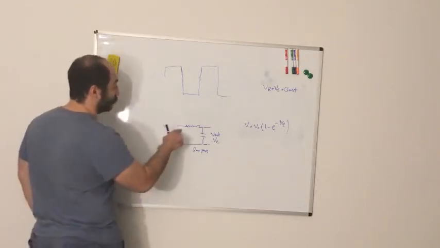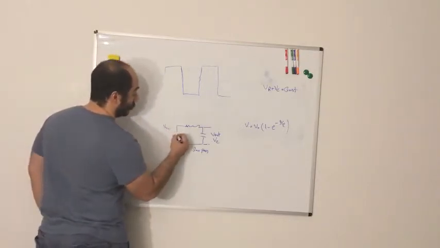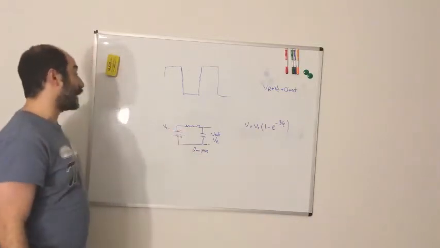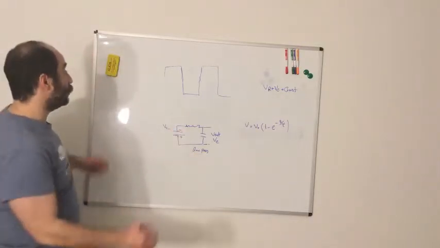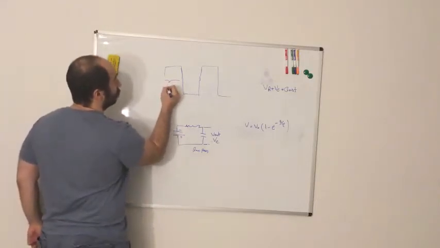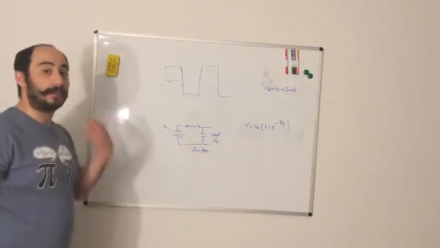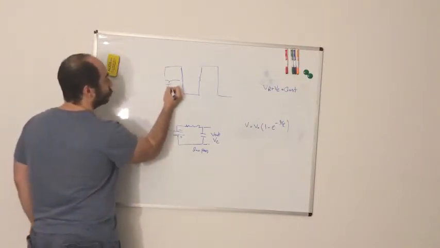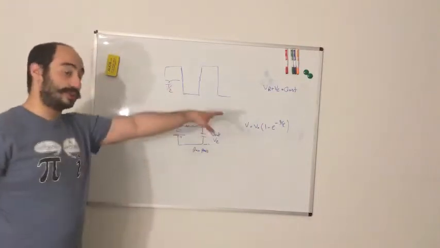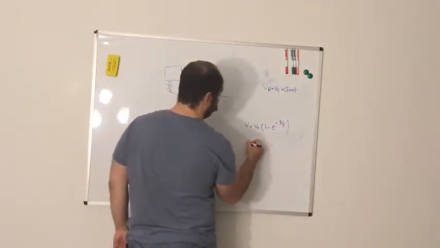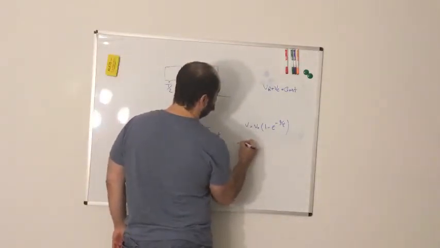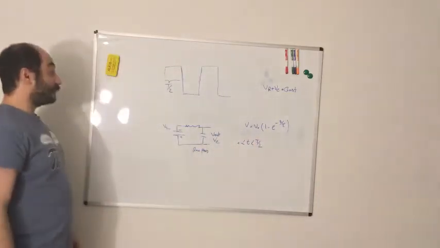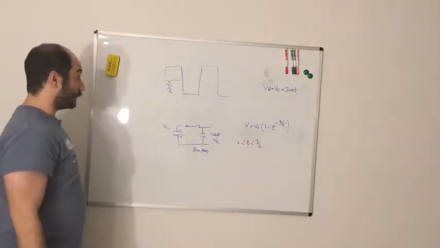So in that case, this part is going to be positive, this is going to be negative, which means that only for half of the period the capacitor has the chance to charge. So your t can be only between 0 and half of the period. Okay.